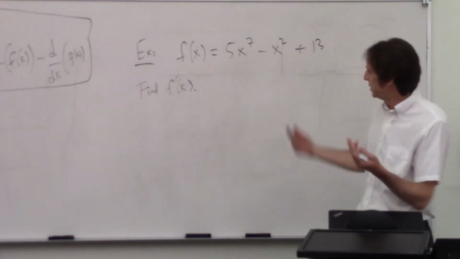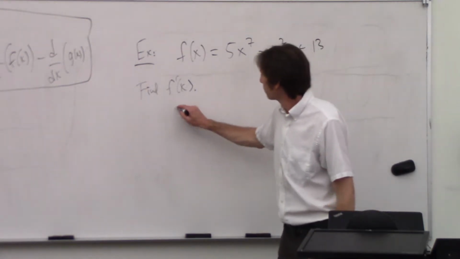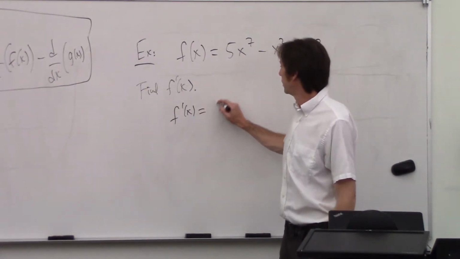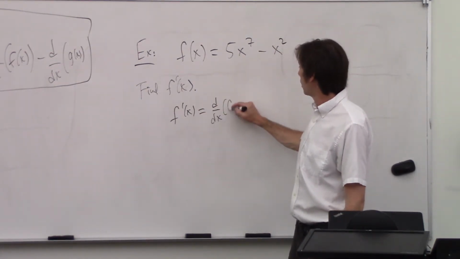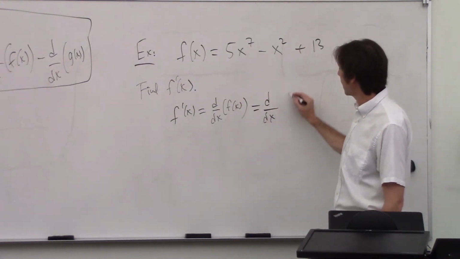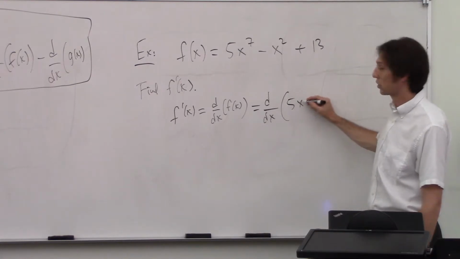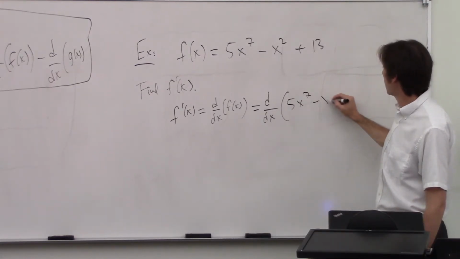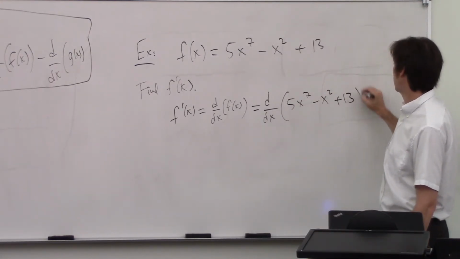Okay, or d dx of f of x. Okay, I know that f prime of x is d dx of f of x. And so here I'm trying to do d dx of this entire function, 5x to the 7 minus x squared plus 13.